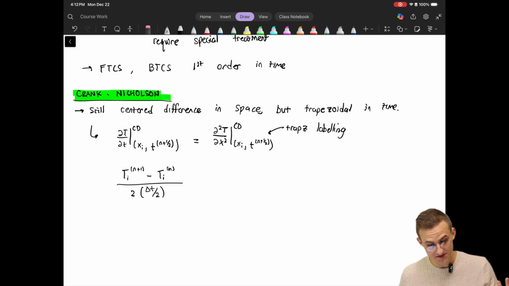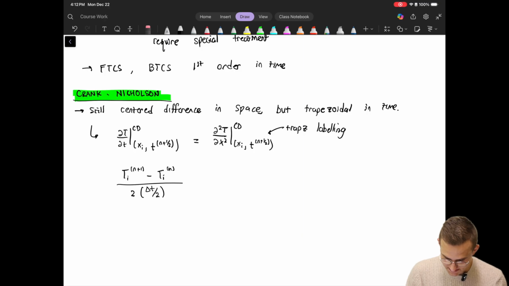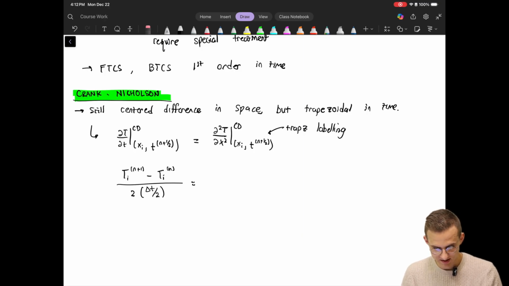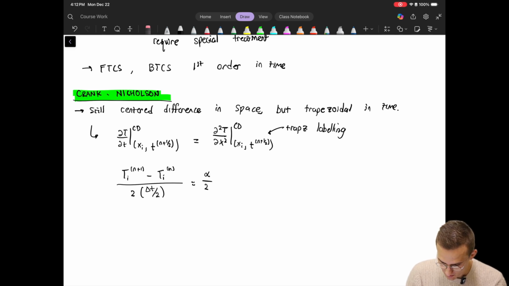It looks a lot like forward difference, but the contrast is what happens on the right hand side. So what we do to represent this t at n plus 1/2 on the right hand side is we just take the average, so we're dividing by 2 here, of the central difference operator applied to this term at tn plus 1 and tn.